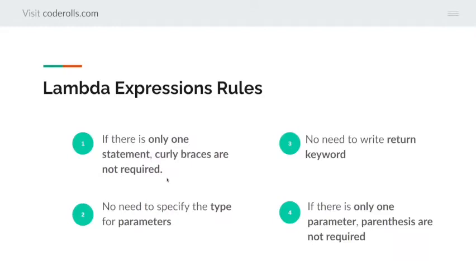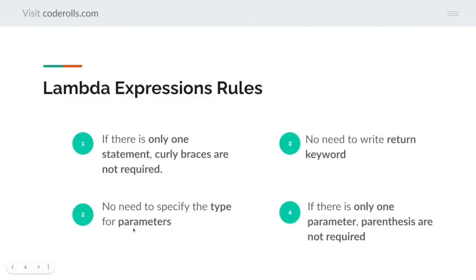Okay, so the first rule is, if there is only one statement, the curly braces are not required. The second rule is, no need to specify the type for parameters. While writing lambda expressions, the Java compiler will automatically detect the type of parameter using context.